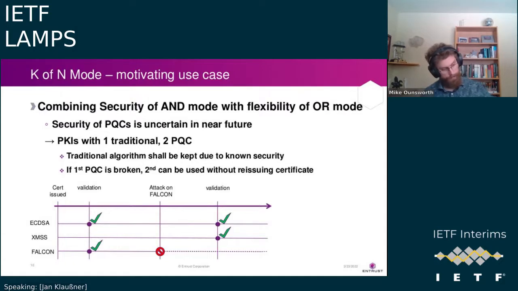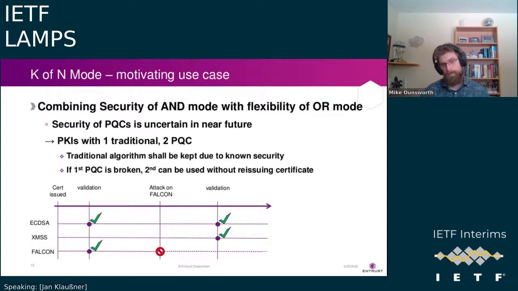Then at some later point, we realize there's an attack on one of the algorithms that renders it broken. With the K of N mode, we can combine the flexibility of an AND mode with the security of an OR mode. So we still have 2 signatures that need to be verified for the signature to be valid.